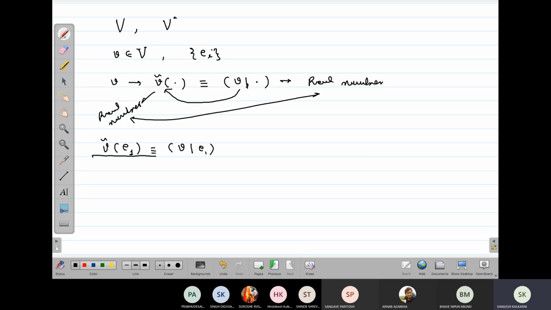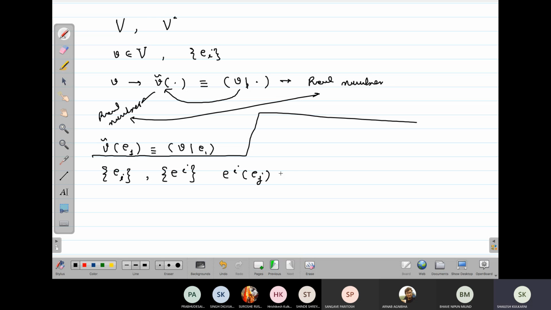We have already considered a dual basis for V star, right? How is this dual basis defined? Given the basis Ei for the vector space V, the dual basis is defined through e^i, where the action of e^i on the vector Ej is the Kronecker delta ij. This is how we define it.